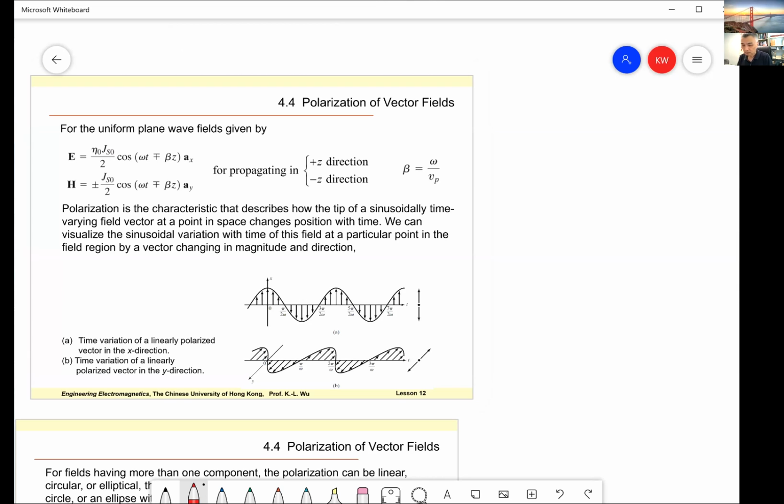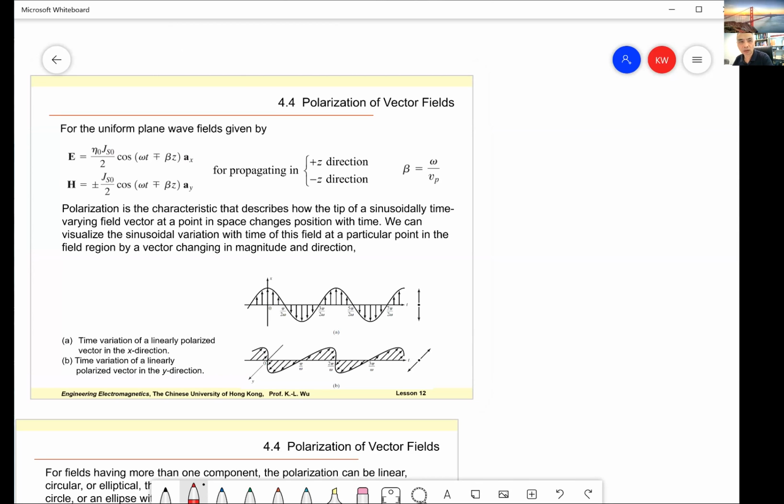We have found a simple solution to Maxwell's equations. We can describe it by a wave phenomenon, right?